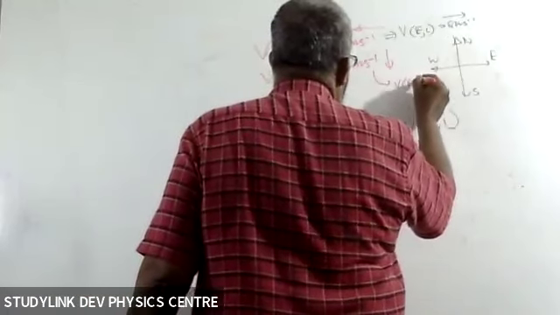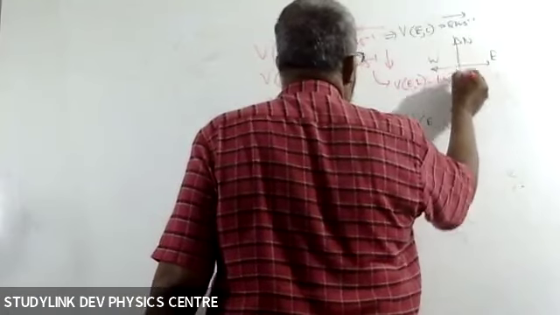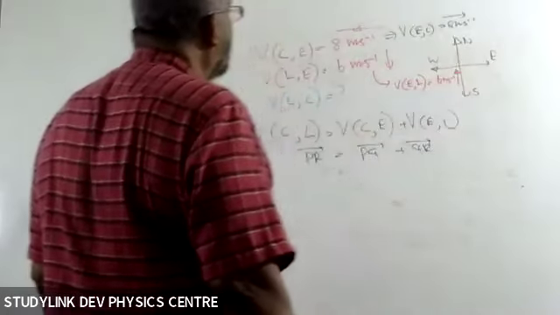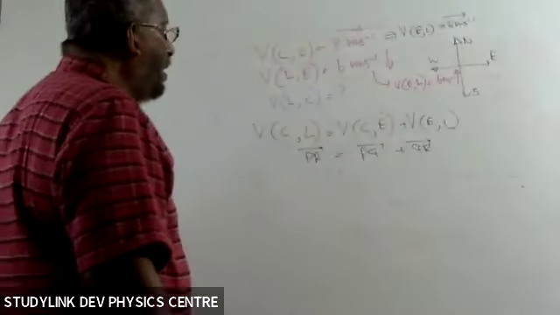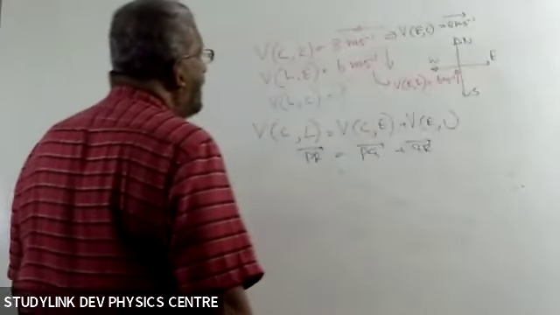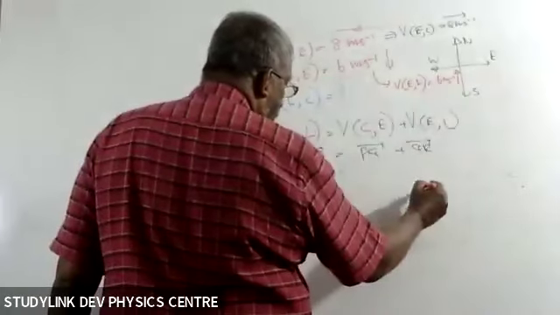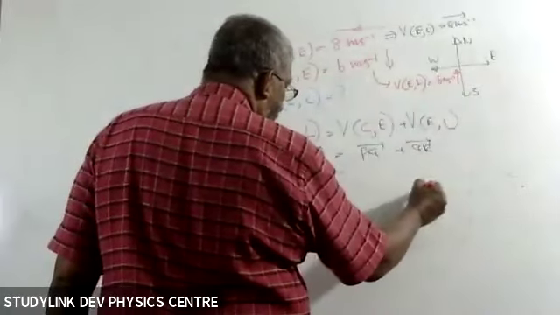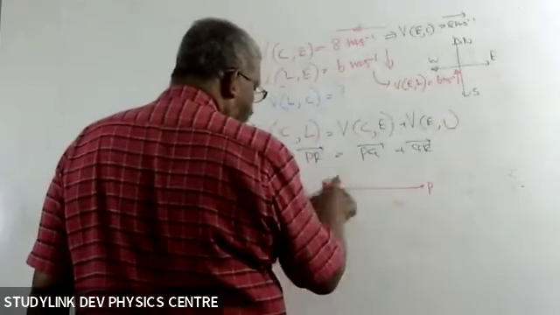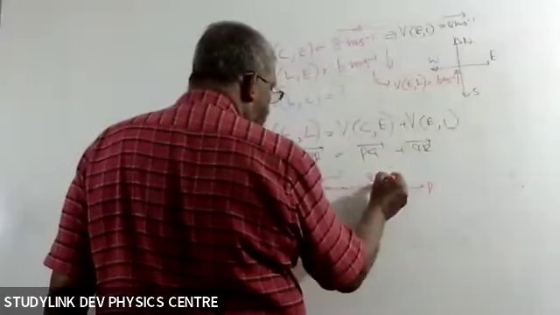VEL is equal to 6 ms minus 1 towards north. Now PQ is VCE. CE is P to Q, that is 8 ms minus 1.